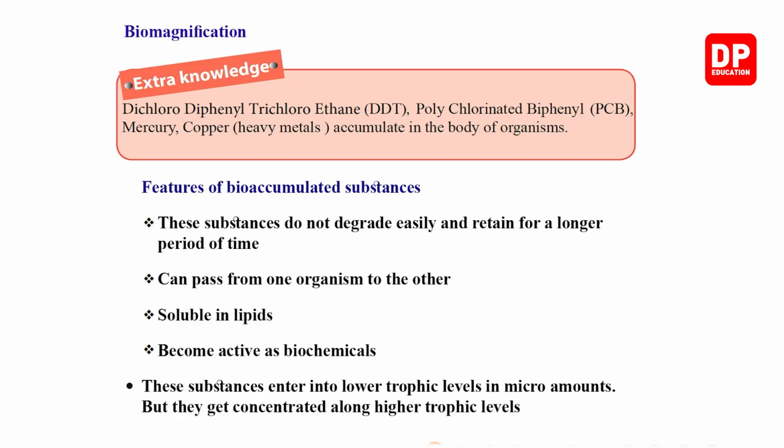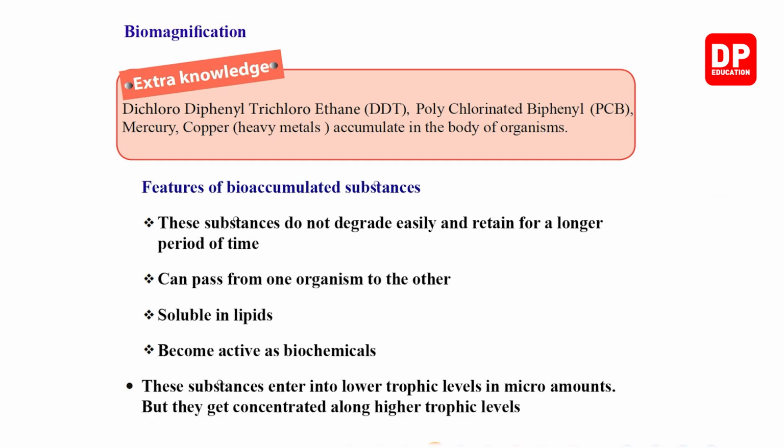So for example, diphenyl trichloroethene, DDT, polychlorinated biphenyl, PCB, and mercury and copper, which are called heavy metals, accumulate in the body of organisms.